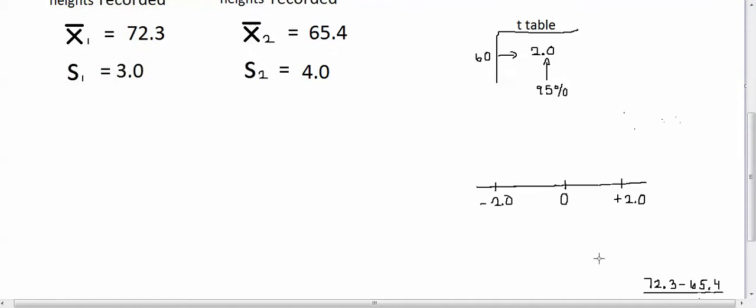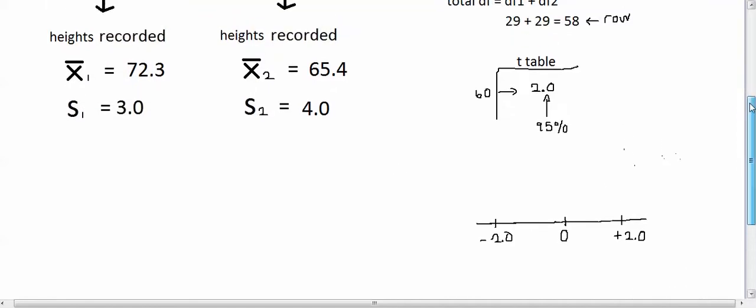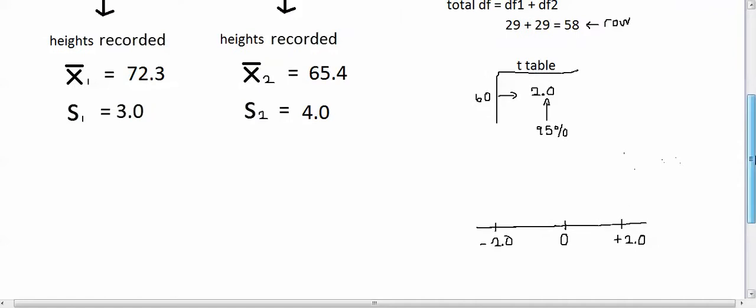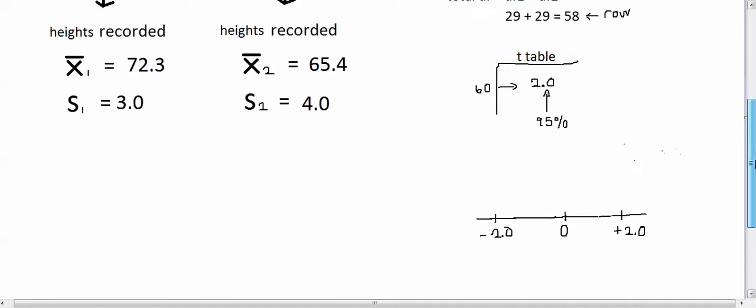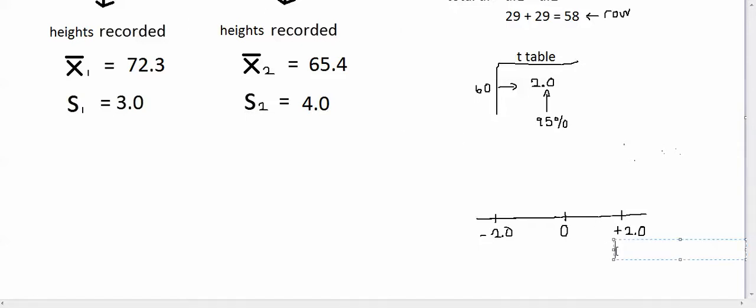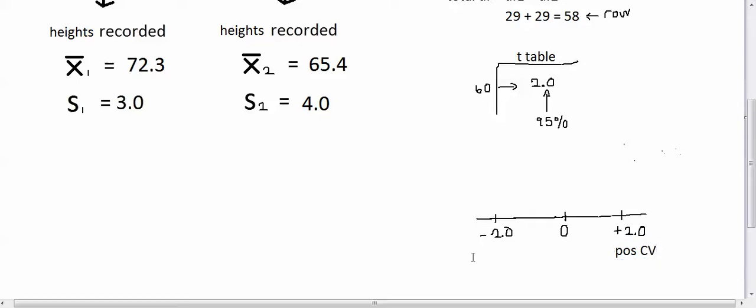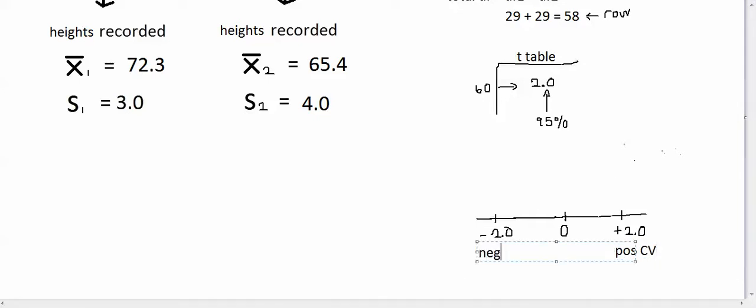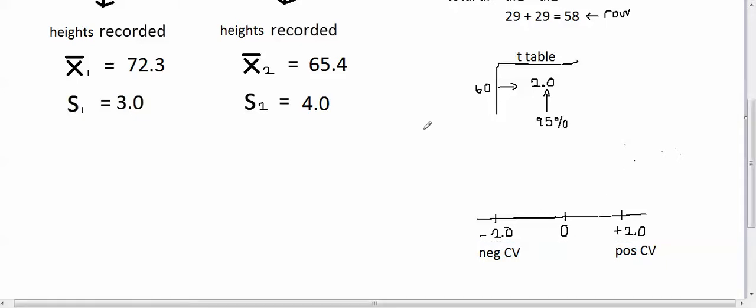Now what I need to do is take my t-score and find out where it fell on this number line. And that's actually going to tell me what conclusion I'm going to reach. So this is the positive critical value. This is the negative critical value. This area right here that starts at the positive critical value actually has a name.